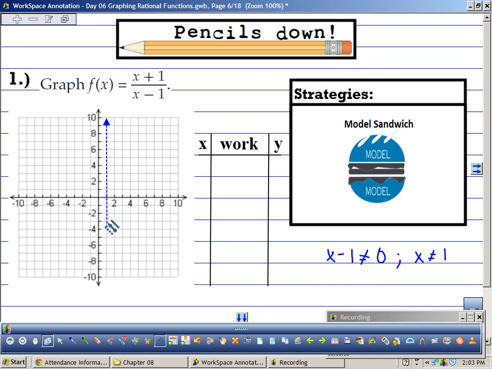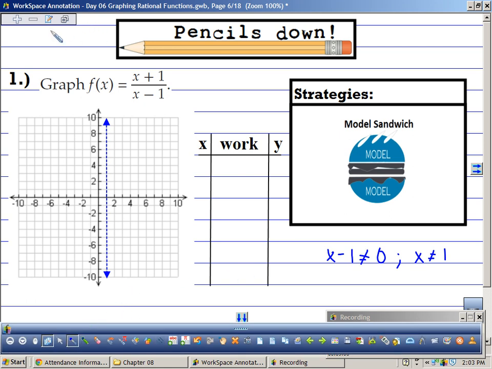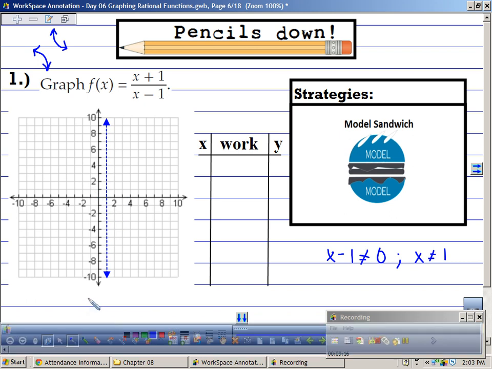So where x equals 1, we have an asymptote. Our graph can never be x equals 1. Make sense? So we know from our parent graph that it should look probably something like that, only shifted over a little bit. Correct?